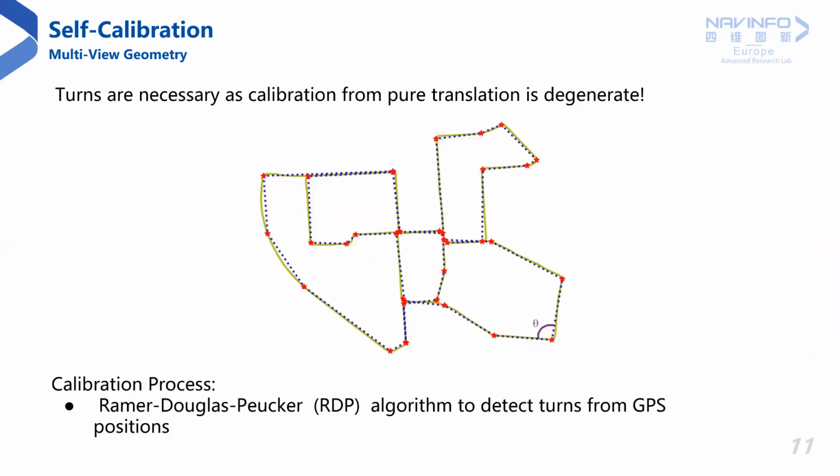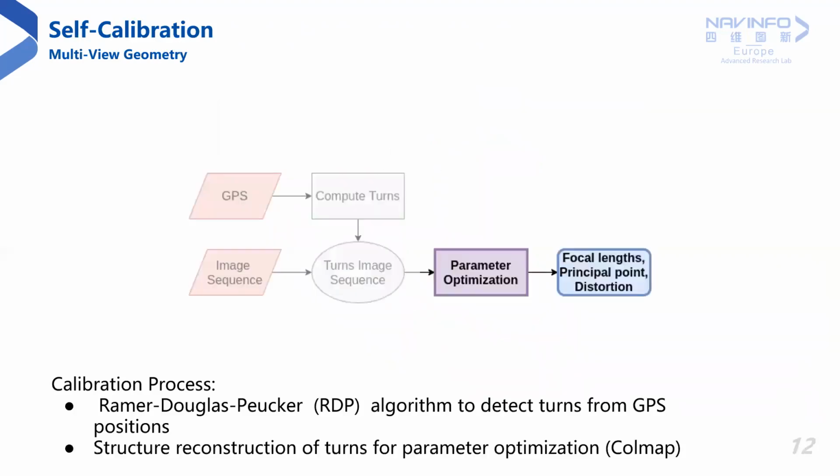We utilize the Ramer-Douglas-Peucker algorithm to decimate the original GPS trajectory to identify the turns. As can be seen, each red point in the decimated trajectory corresponds to a portion where the car was making a turn. Thereafter, we reconstruct each turn using Colmap to estimate and optimize the camera parameters within an iterative structure from motion framework.